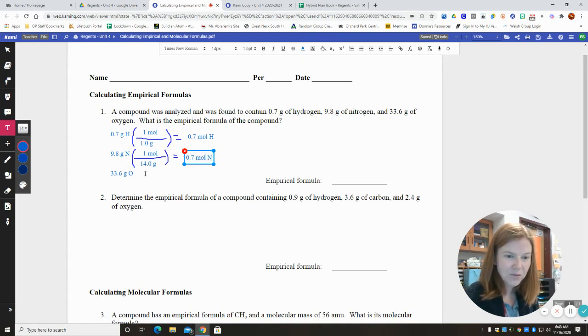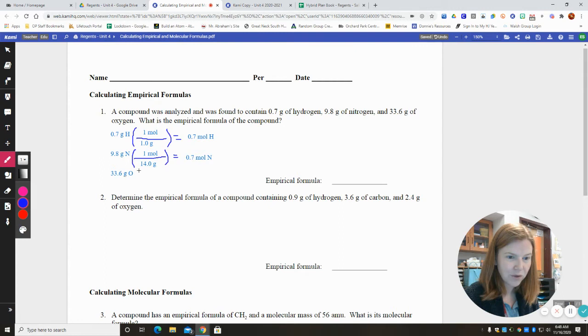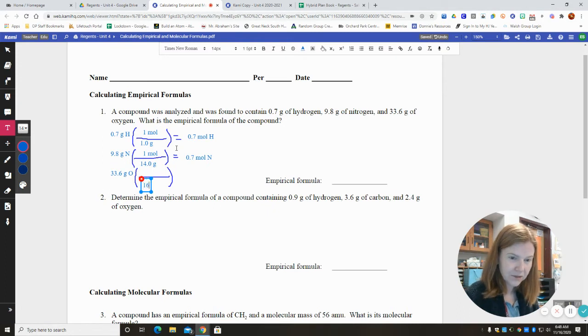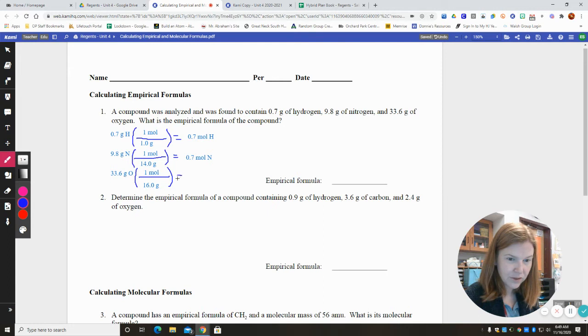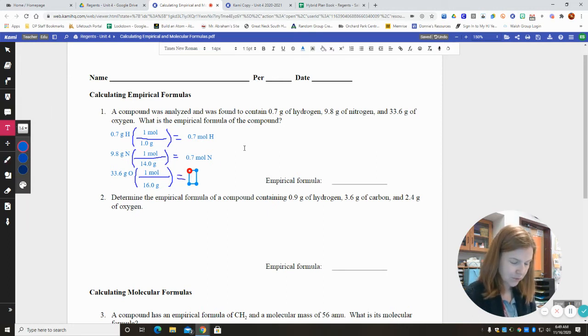And you'll notice I'm labeling these not only with moles, but moles of what? My last one, I'm going to plug in the molar mass of oxygen, which is 16.0, with 1 mole on top. Mathematically, 33.6 grams divided by 16.0 gives me 2.1 moles oxygen.